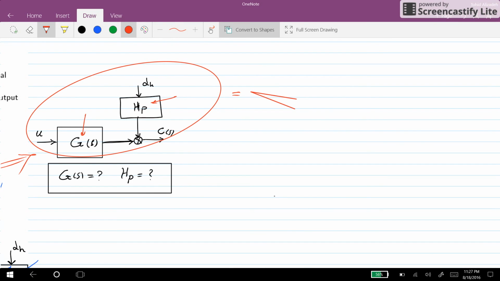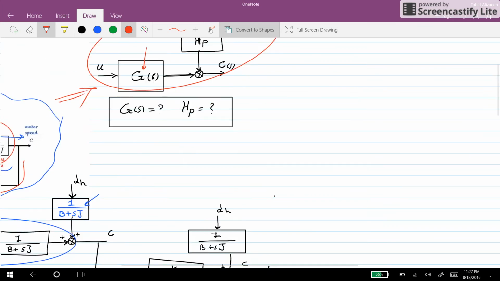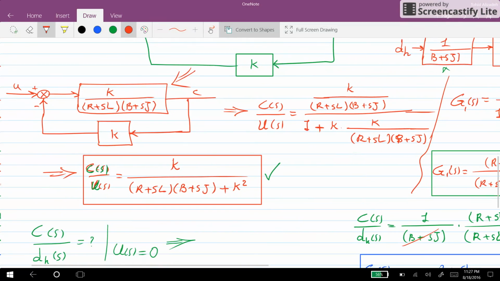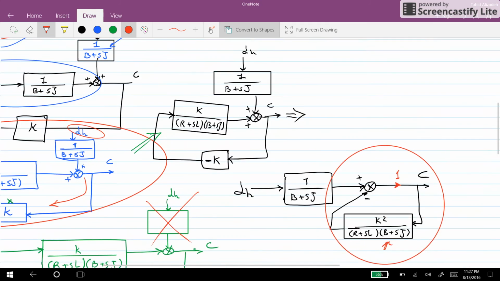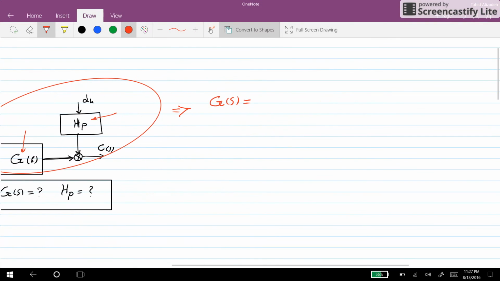So for this configuration, we have G of S coming from here. So K over R plus SL times B plus Sj plus K squared. I just write it again here. K over R plus SL times B plus Sj plus K squared.